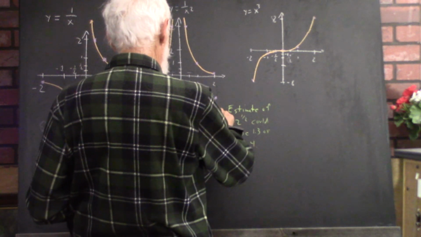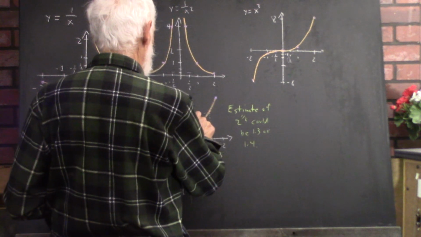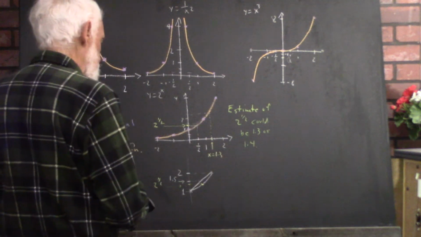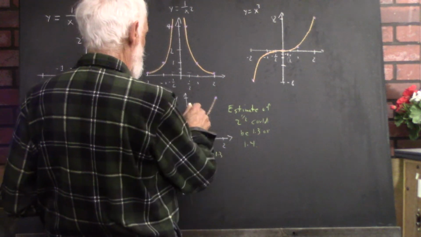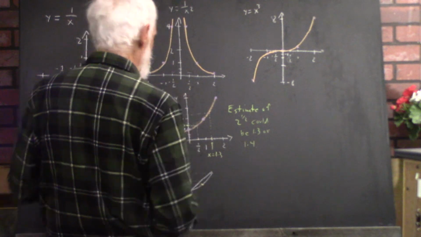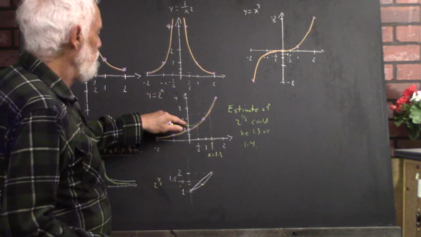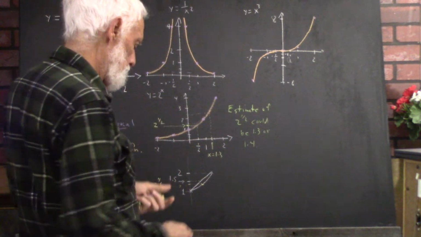I project this point up to the graph and project that over here. And then I'll go ahead and subdivide the interval between 2 and 4. Divide that in half, and I've got 3. So I see it's between 2 and 3, and it's a little less than halfway between 2 and 3.